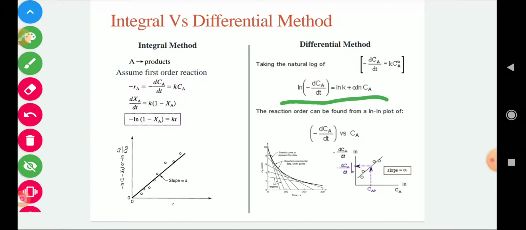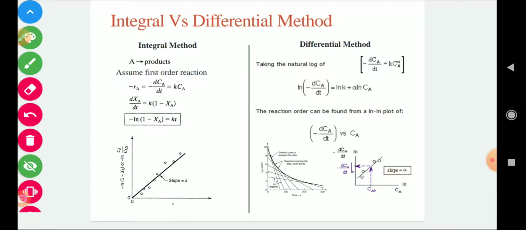Here log of minus dCA by dt is y, equal to c plus mx. So this is equation of line. Here see, this log k is intercept and alpha is the slope of the line.